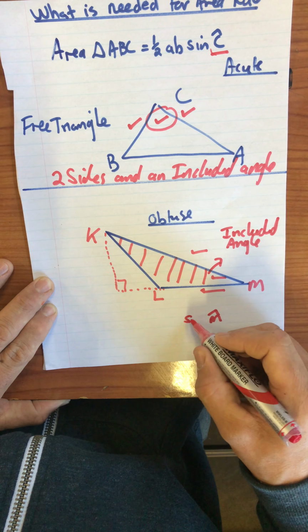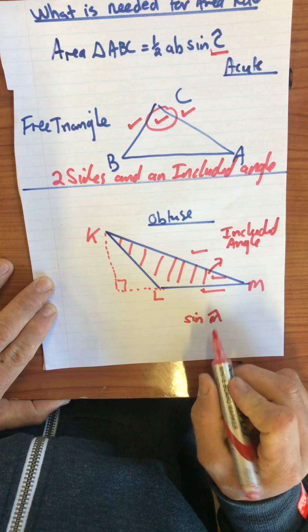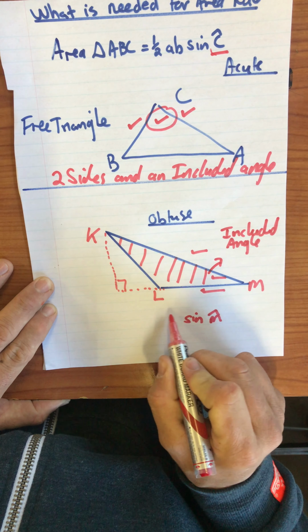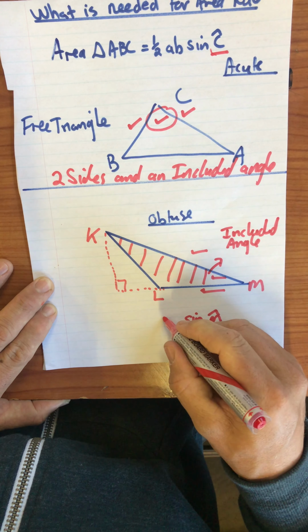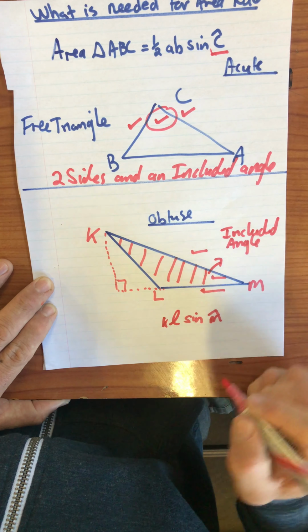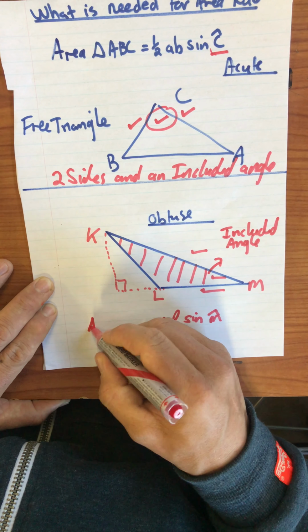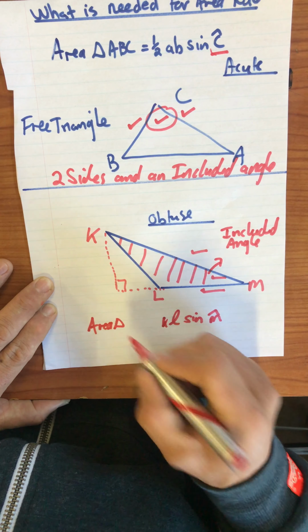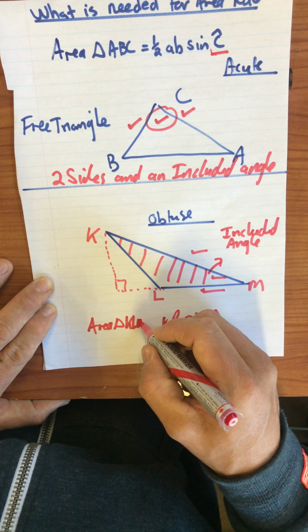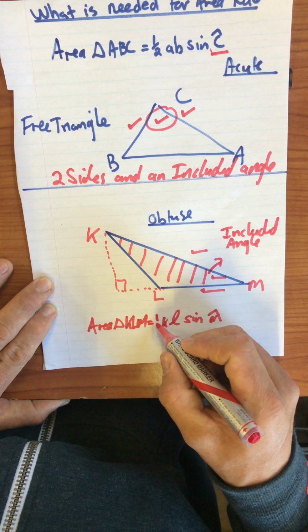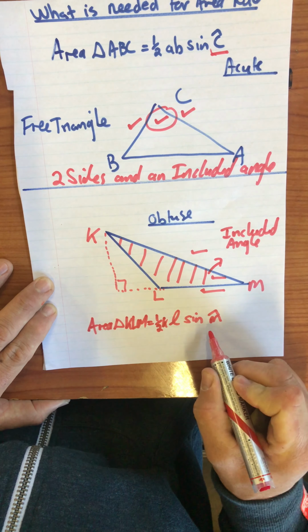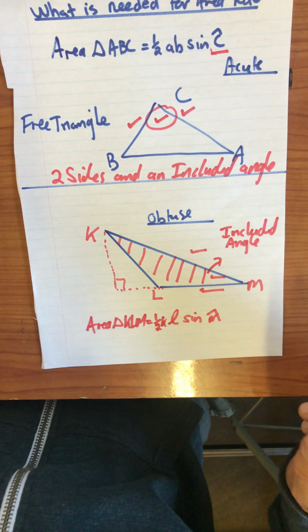What's missing? Sine. And what other two letters are we missing? We're missing little k and little l. So my area of triangle KLM is given by 1/2 kl sine M.